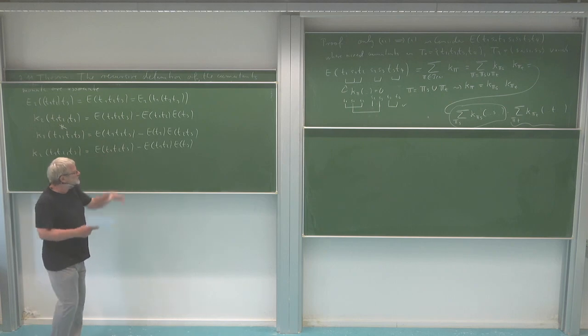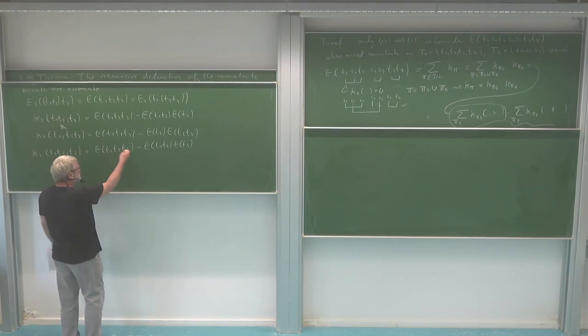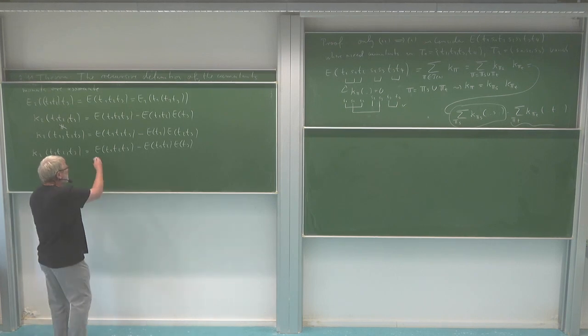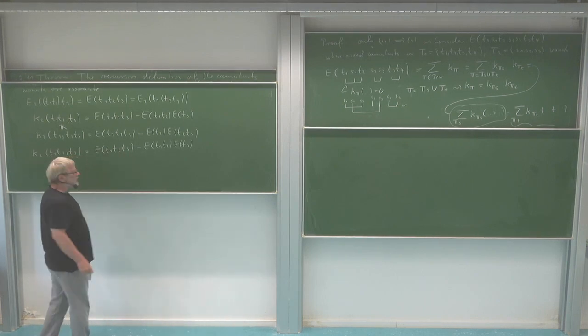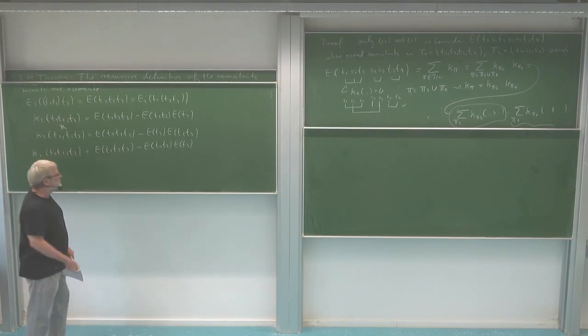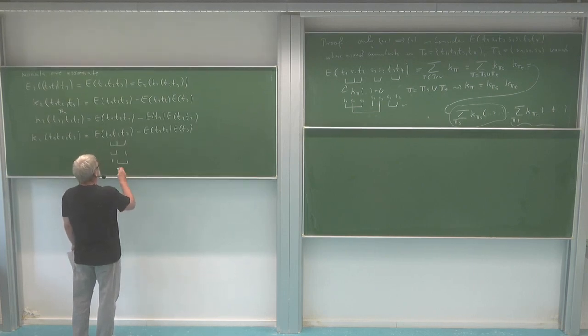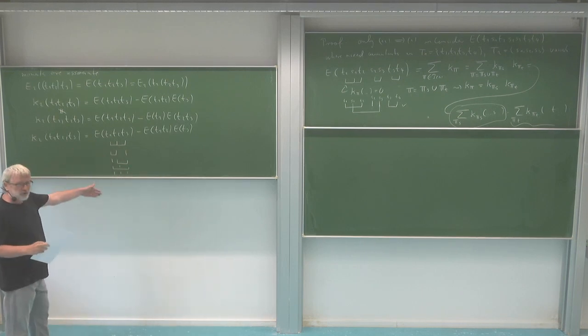And of course all this I can express, so namely here I know that by the moment-cumulant formula I can express this by cumulants by summing over all the partitions of 3 elements. So I'm summing over terms corresponding to those 5 situations. So I get here those 5 terms.